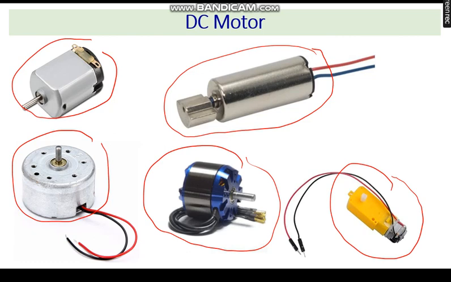Each motor has two terminals, red and black. Red means we connect the positive supply to this motor and negative to the black one. The same here: connect the positive battery to one side and negative to the other.